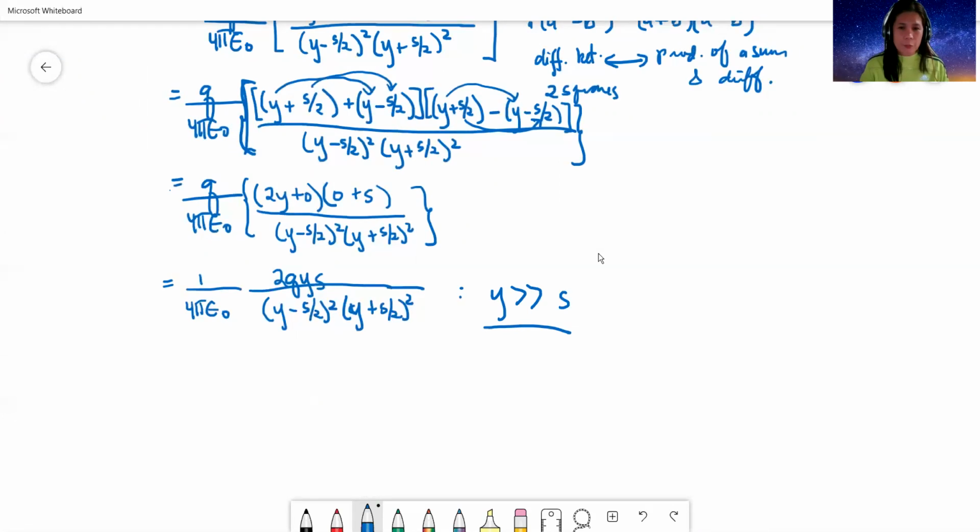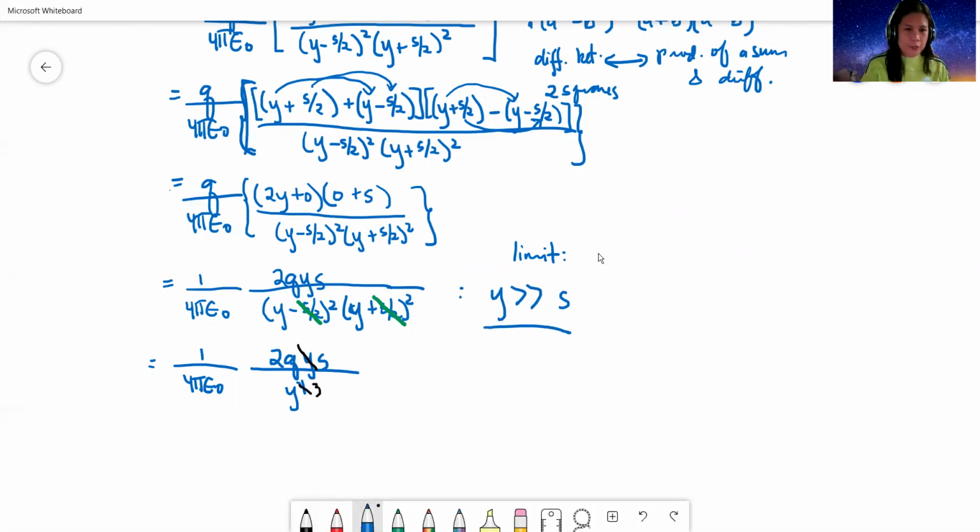With this limit, the denominator is reduced: when s is very small compared to y, it is negligible, so let's take it out. Then this becomes 1 over 4 pi epsilon sub naught, 2qys over y squared times y squared, so it becomes y to the 4th, such that this gets cancelled and this becomes y cubed.